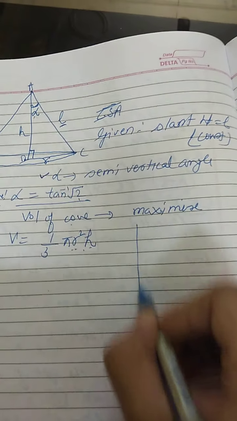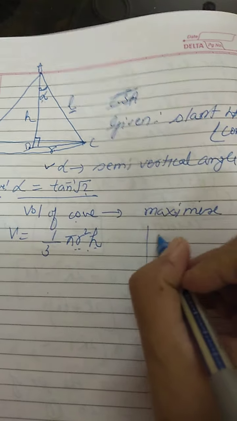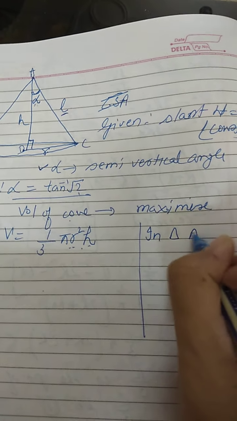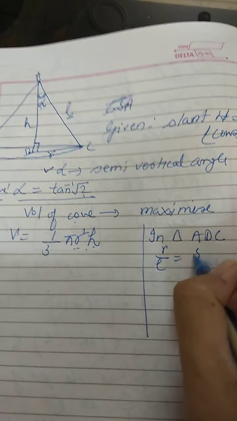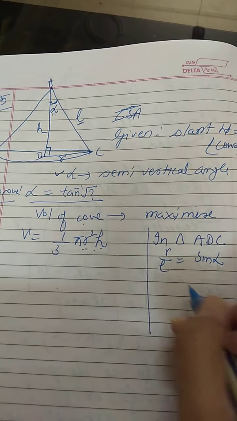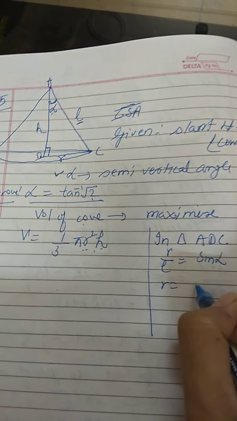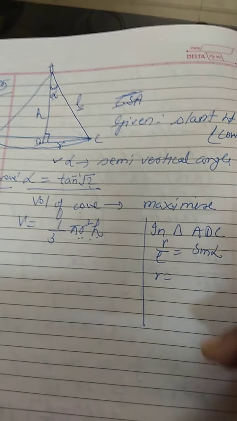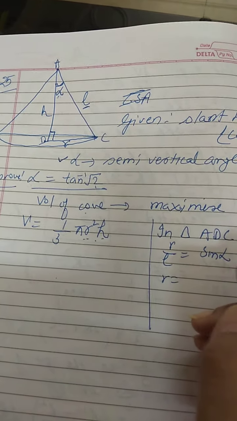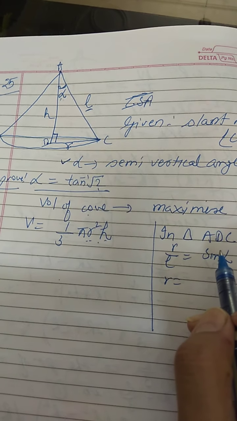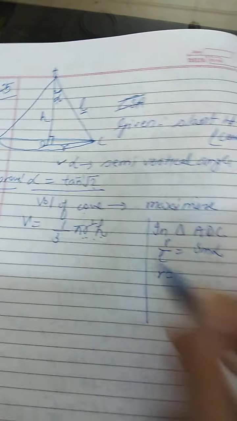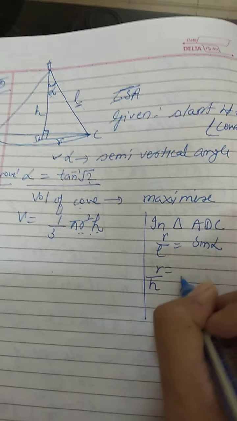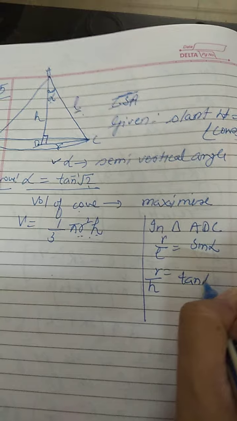So in the triangle ADC, r upon L will be equals to sine alpha. That means the value of r is L sine alpha also. And what is the other relationship? If this is the hypotenuse, height and base, that means r upon h will be equals to tan alpha.